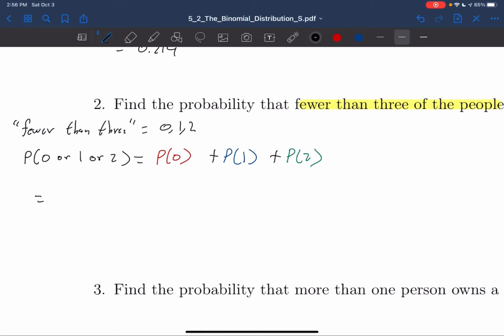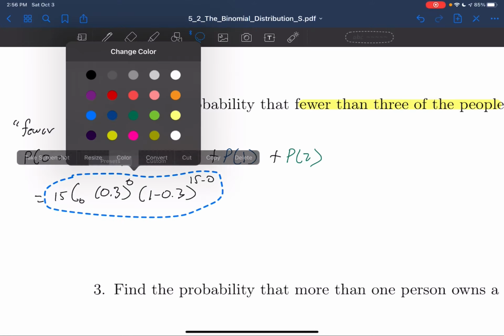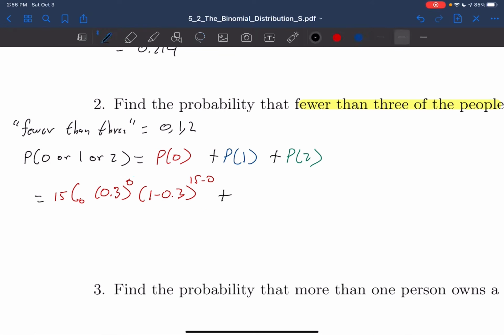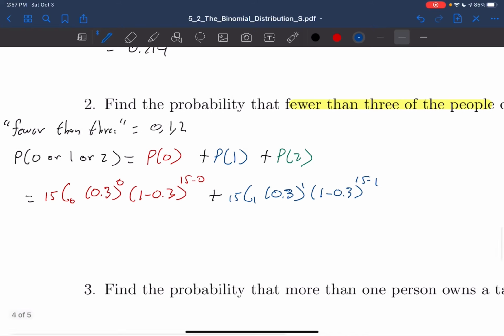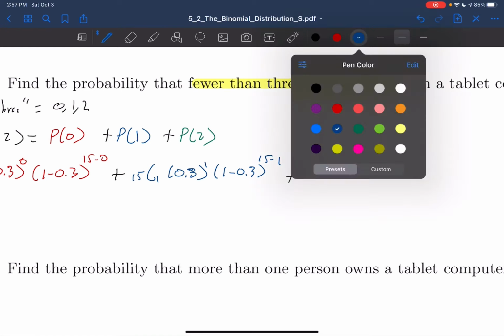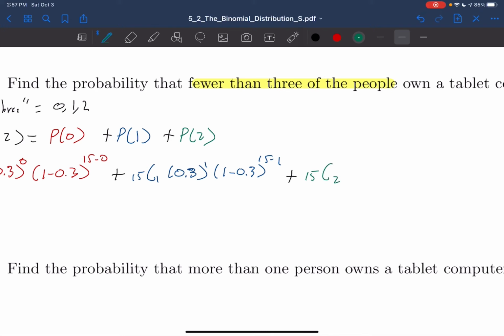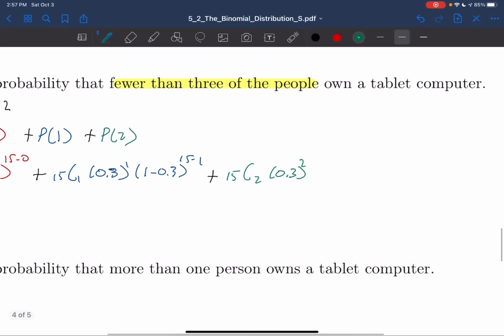So this will be 15 choose 0 times 0.3 to the power of 0 times 1 minus 0.3 to the power of 15 minus 0, plus 15 choose 1 times 0.3 to the power of 1 times 1 minus 0.3 to the power of 15 minus 1, plus 15 choose 2 times 0.3 to the power of 2 times 1 minus 0.3 to the power of 15 minus 2.